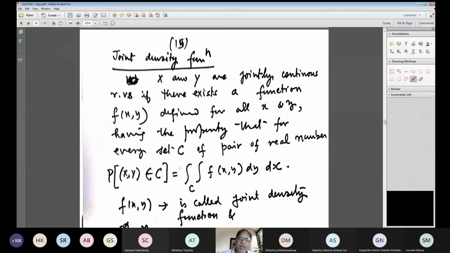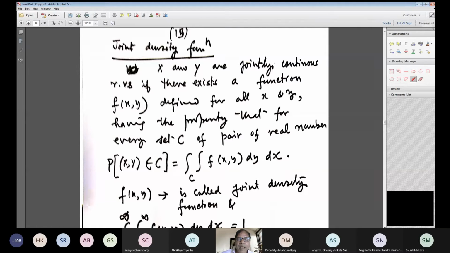In the case of a single random variable, we have a probability density function. Here it is called the joint density function.